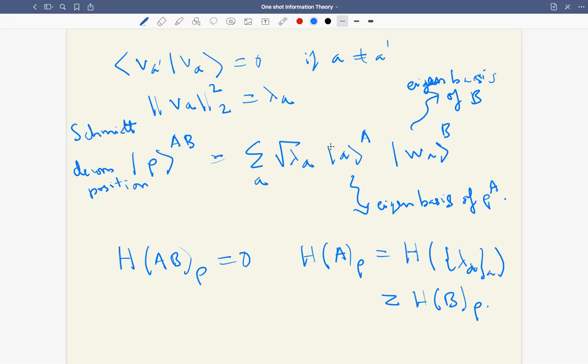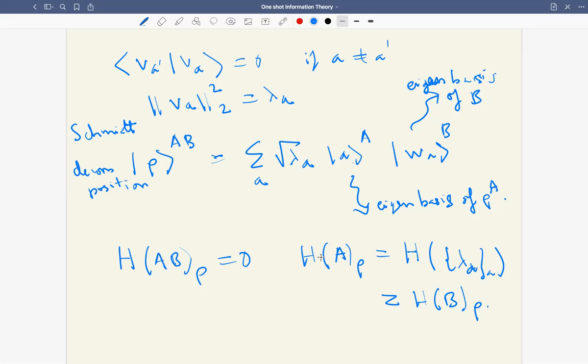The orthonormal basis of A that I take is the eigenbasis of rho A. The orthonormal basis I take for B is the eigenbasis of rho B. There is a bijection between the eigenbasis of rho A and the eigenbasis of rho B. After I get the bijection, I can write it like this, and the eigenvalues of rho A, which also happen to be the eigenvalues of rho B, appear out here with square. This full thing is called the Schmidt decomposition.